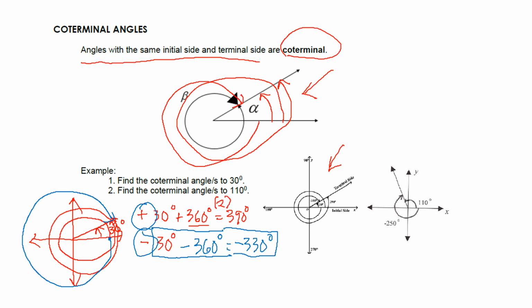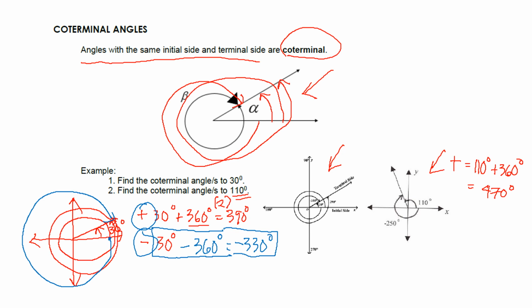Another one: find the coterminal angles to 110 degrees. This is the illustration. Now it's very easy. If you're going to consider positive, we have 110 degrees and then we add 360 degrees. So our answer will be 110 degrees plus 360 degrees, that is 470 degrees.